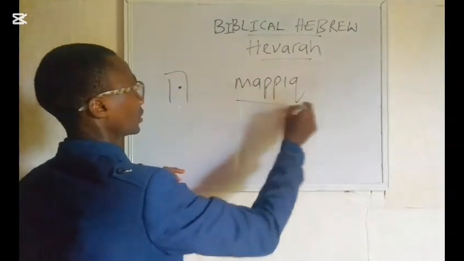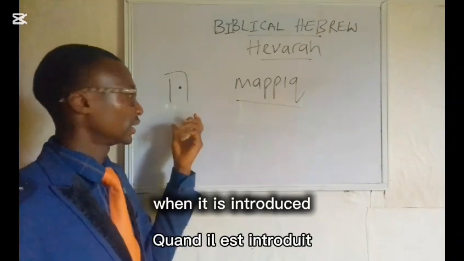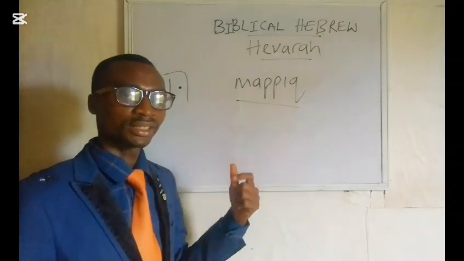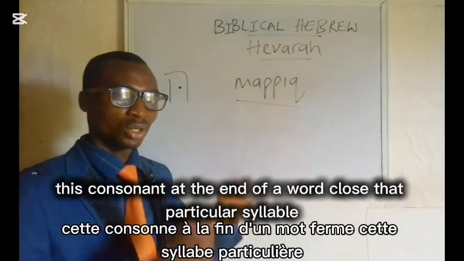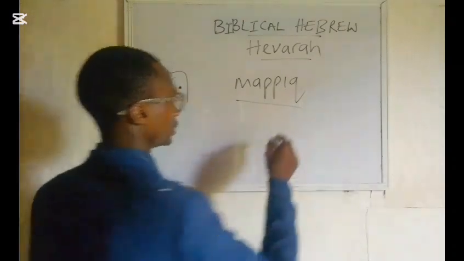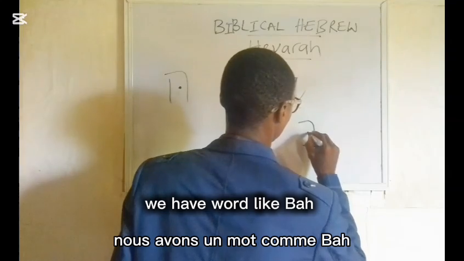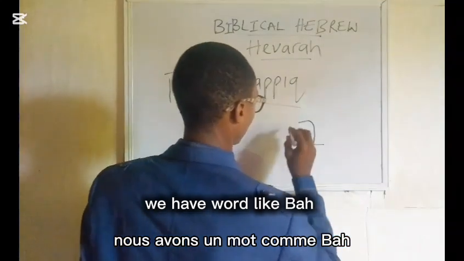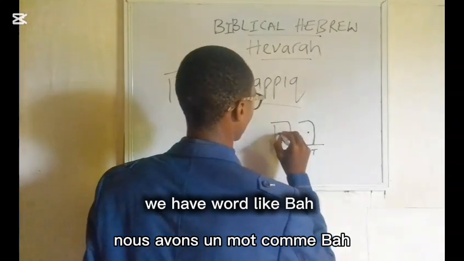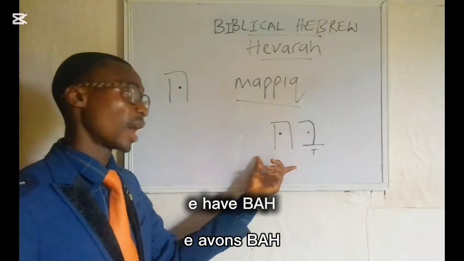Now this dot, mappiq, when it is introduced, it makes this consonant at the end of a word close that particular syllable. So I have a word like bah.